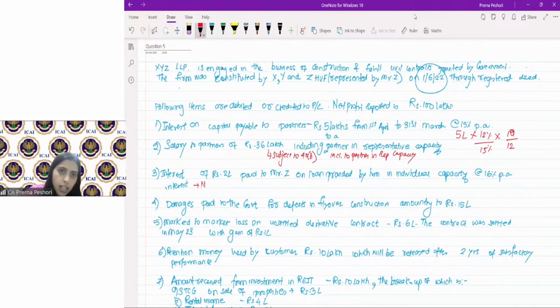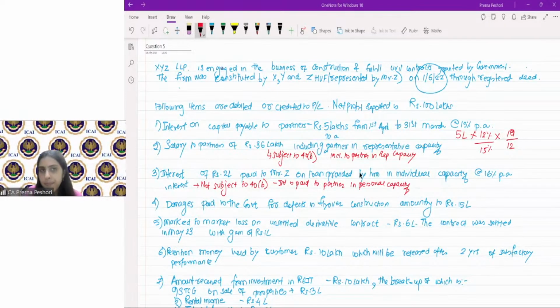So where an individual is a partner in a firm in a representative capacity, the provision of 40B will not apply because the interest is paid to the partner in his personal capacity. Are we clear?